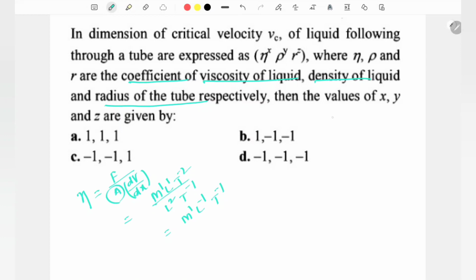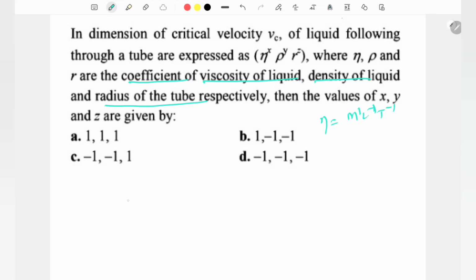For density, rho is equal to m by v, mass per volume. So we get M power 1 divided by L cube, which is equal to M power 1 L power minus 3 T power 0. R is given as the radius of the tube, so the dimensional formula of R is M power 0 L power 1 T power 0.